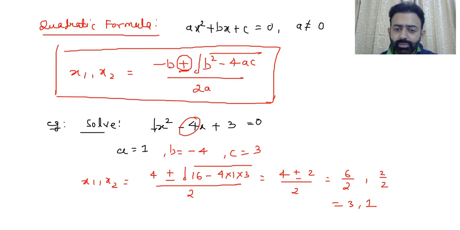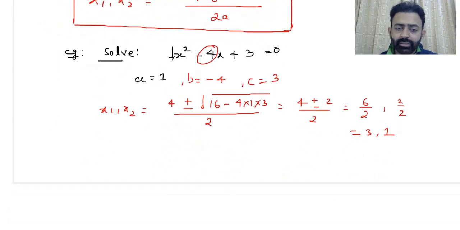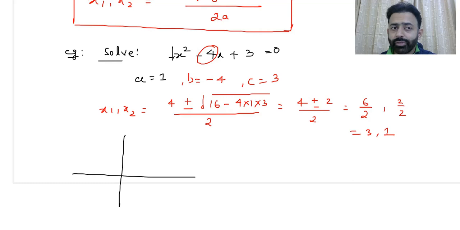Okay, so the graphical meaning of this is that it will intersect the x-axis at points 1 and 3, right? And as you can see that the a value is positive, so it will be a u-shaped curve. The curve will be like this. Okay, and as you can see here that the value of c, which is the constant here, is 3.